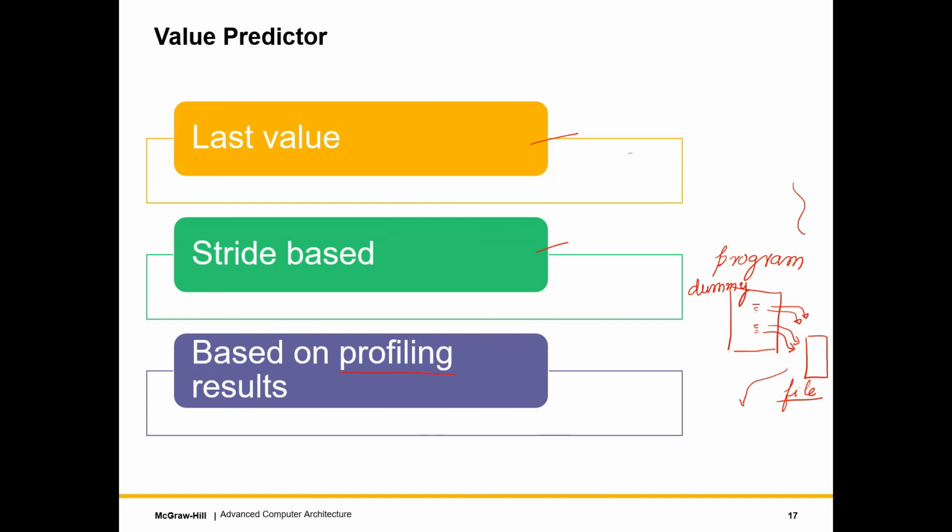can then be analyzed, and then important pieces of this information can be used to actually pre-program the hardware such that, let's say, for example, you can say that, look, for this PC, it most often takes this value. So let's say if it's a load PC, it most often reads this value from the memory system.